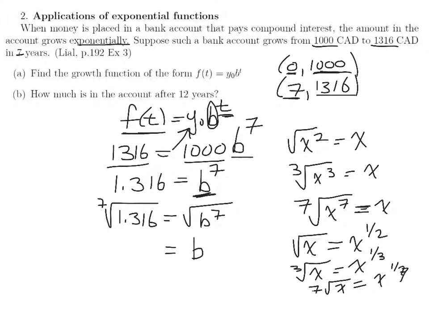So that's relevant here because we have the 7th root of 1.316. So this can also be written like this, 1.316 to the exponent 1/7. If we solve that, we will find that b is equal to 1.04.